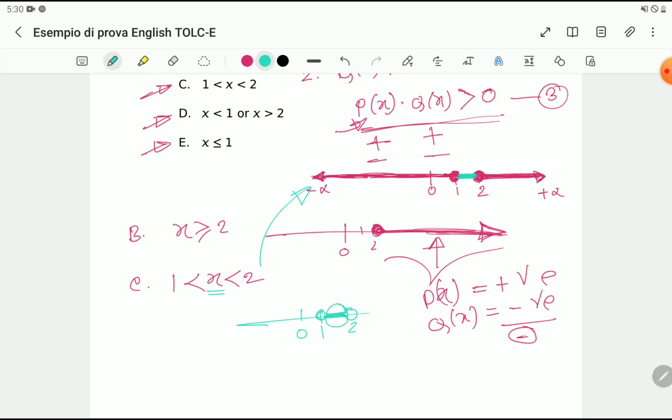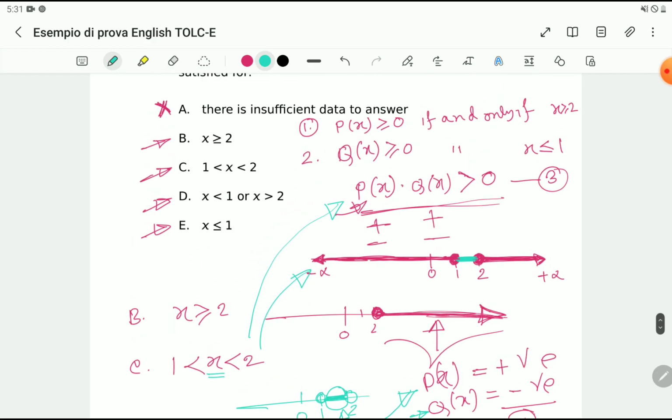So remember, for these values, function px is negative because x is less than or equal to 2, and function qx is also negative because x is greater than or equal to 1. Therefore, what do we get? A positive value. That means for answer C, our inequality 3 is correct. So the answer is option C.